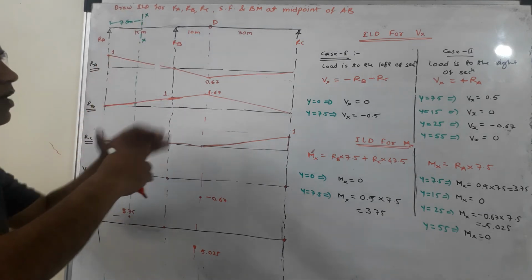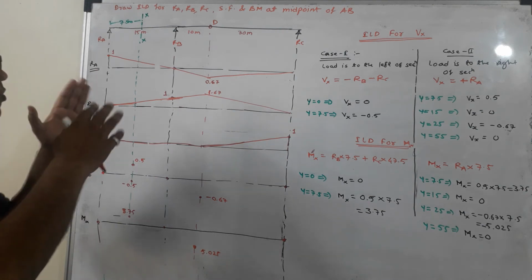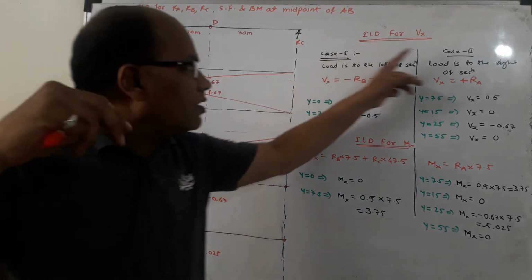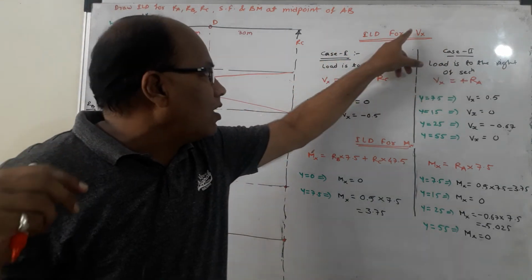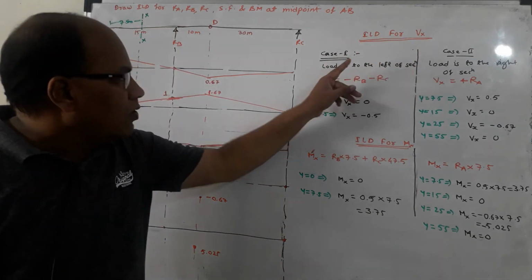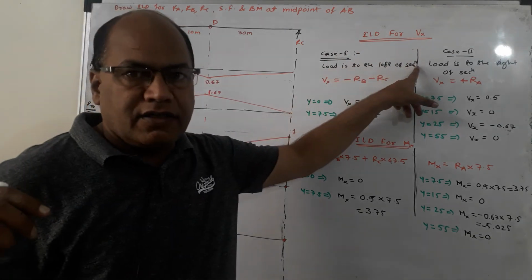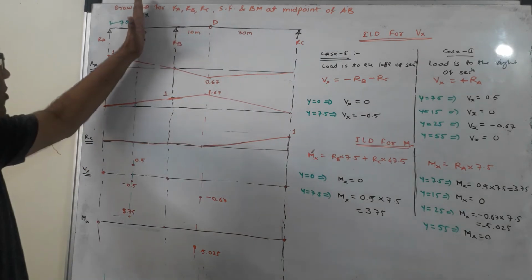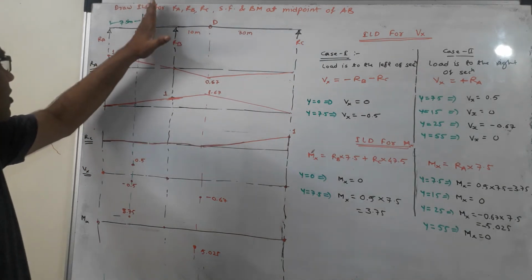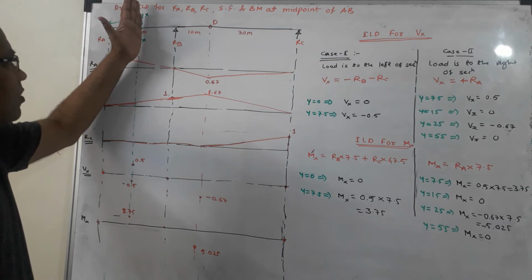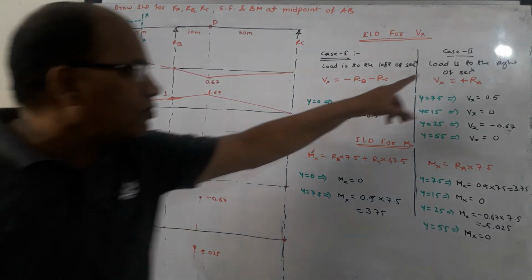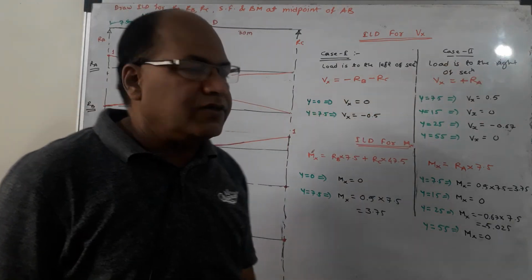So I am just dividing the position in 2 cases, case 1 and case 2. I am going for ILD for Vx. Case 1, load is to the left of section. So left of section means to the left of XX. So load can be either to the left of the section or to the right of the section. So case 2 is load is to the right of the section.